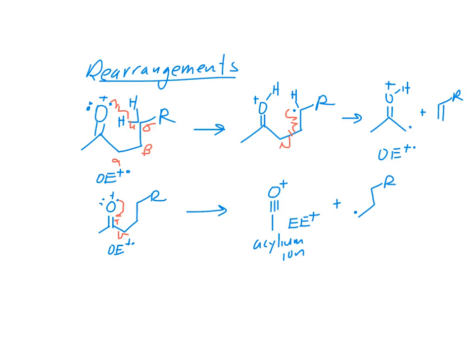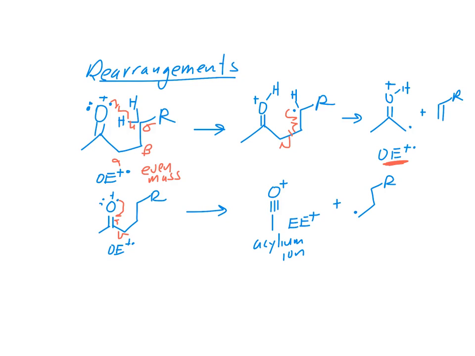So let's think about how the masses would change then. There's no nitrogen, right? So the molecular ion would have an odd or an even mass? Even mass. And what about the odd electron fragment ion over here? Well, what did we say?